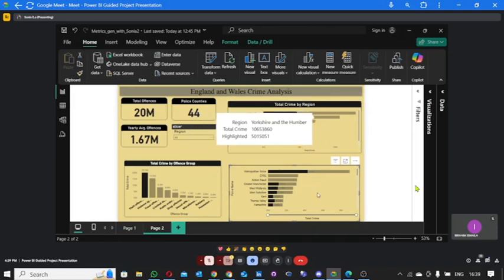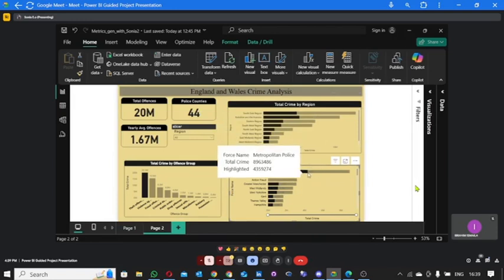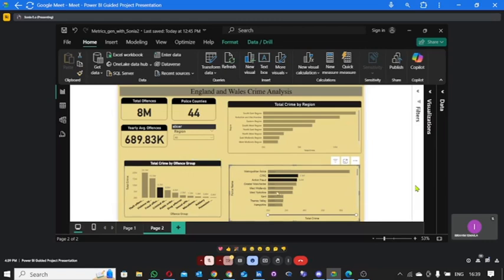That's not their main offense there, and it's almost less than half of what was recorded in this place, even though it has the highest amount of crime recorded cases.